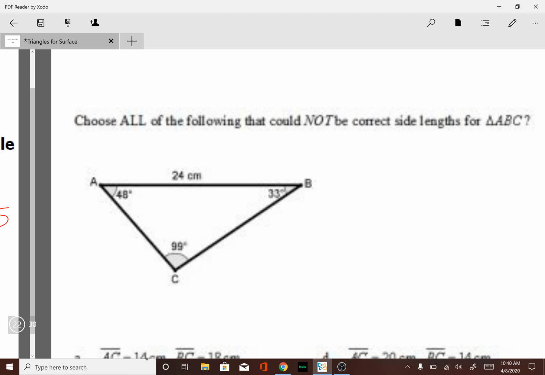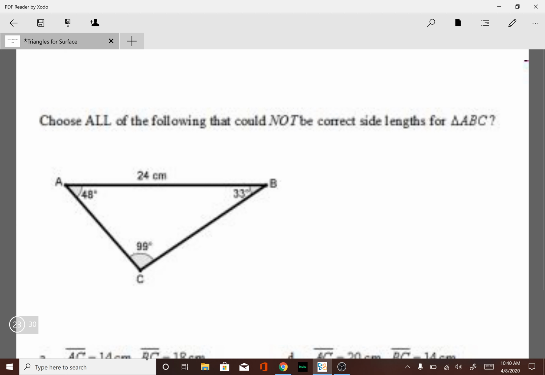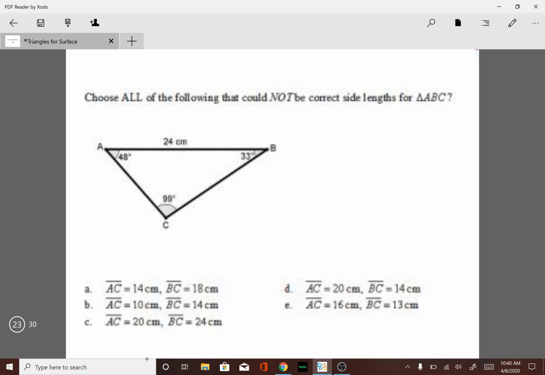Choose all of the following that could not be correct side lengths for A, B, C. So let's see what we got. Well, we know that AB is 24. So anything we add together has to be greater than 24. So we have to say that AC plus BC has to be greater than 24.